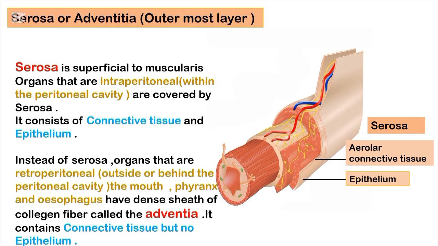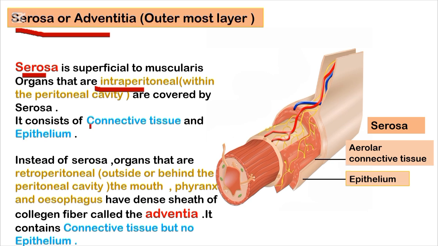The outermost layer of the alimentary canal is serosa or adventitia, and it is superficial to the muscularis or muscle layer. Serosa and adventitia are opposite to each other. Serosa is present in organs that are intraperitoneal, meaning inside the peritoneal cavity, like the stomach, small intestine, large intestine, and rectum.